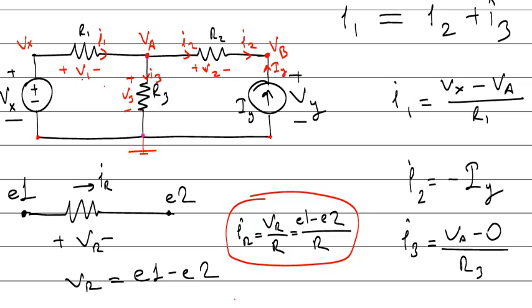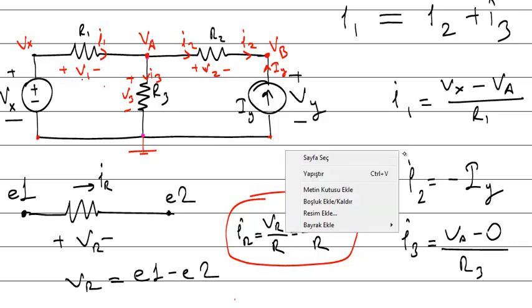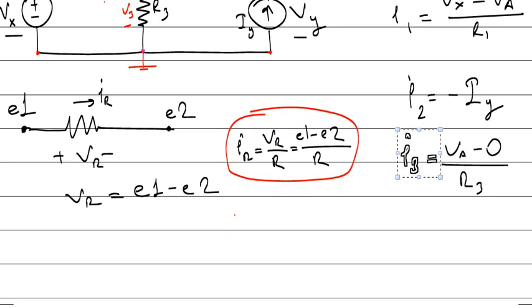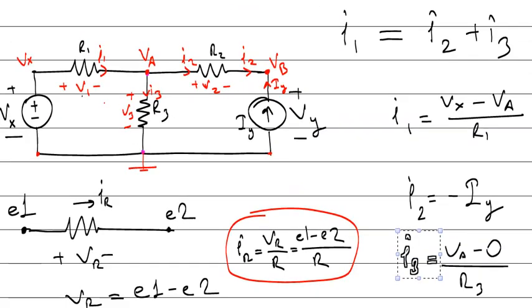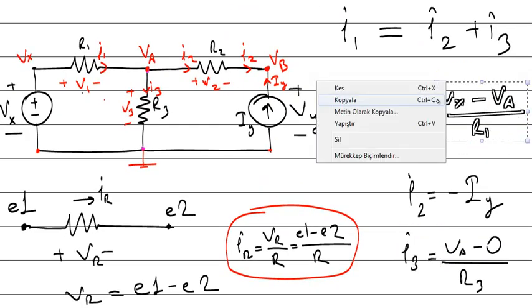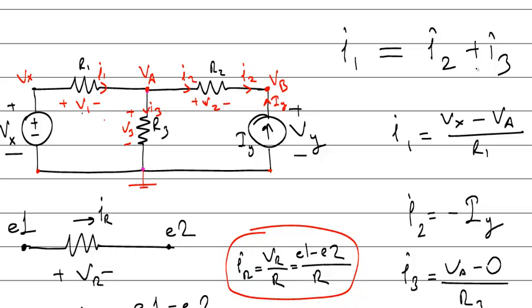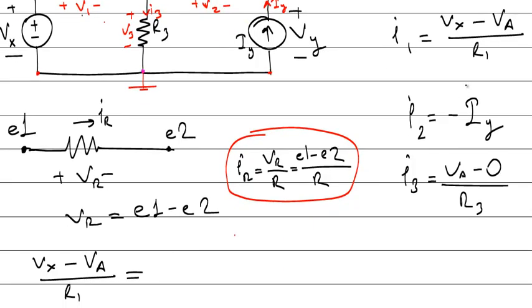Okay, so I will rewrite this equation, using this I1, this I2, and this I3. So let's rewrite. I1 here is equal to what? I2 plus I3. What's I2? Let me copy I2.